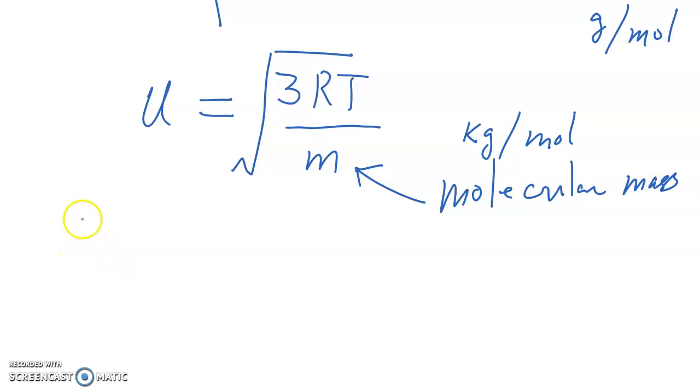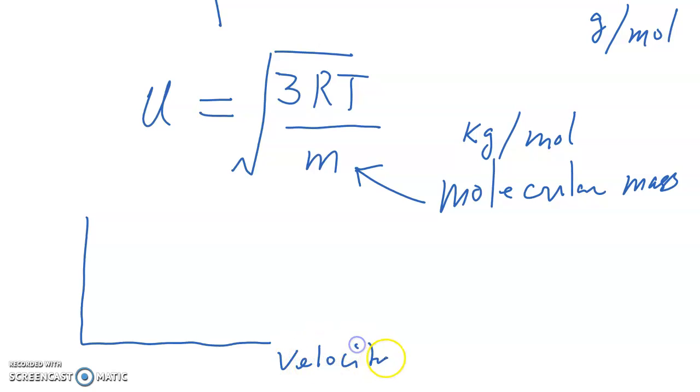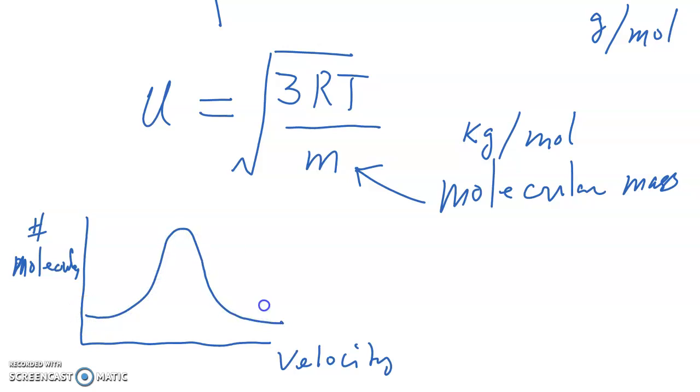For the same reason, say I have a graph that is a plot of velocity versus the number of molecules. Let's say I have two different curves. One curve will go like this, the other curve goes like this.